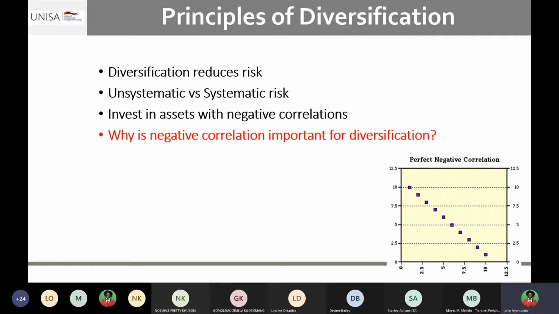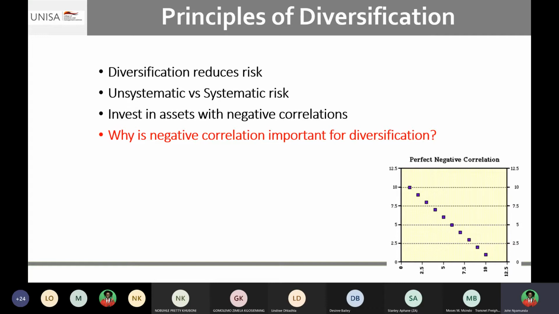Active managers buy and sell assets on an ongoing basis. They look for opportunities and buy, and if they assume a share is not going to do well, they sell it. They actively participate in the market, looking for opportunities.